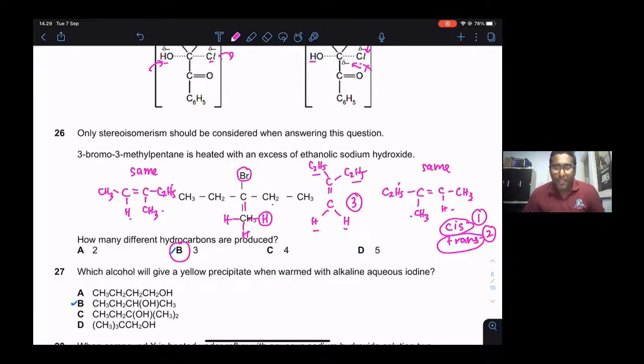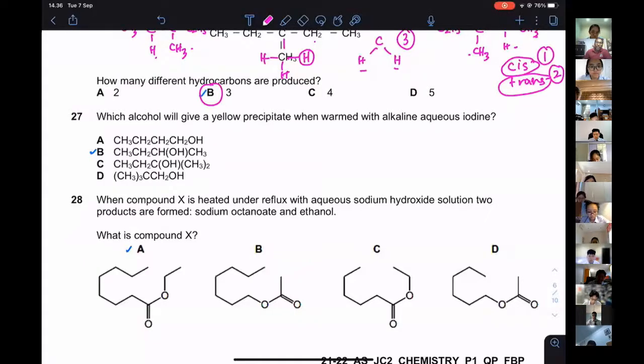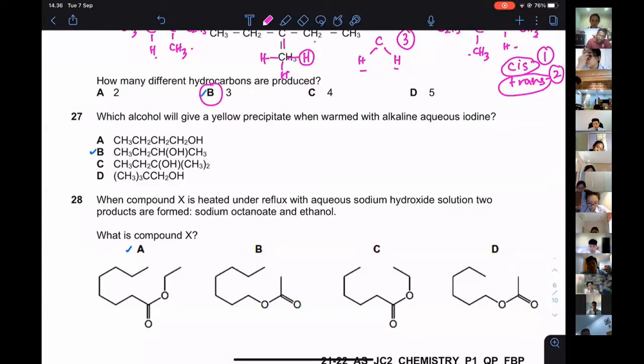For question number 27, they are asking which alcohol will give a yellow precipitate when warmed with alkaline aqueous iodine. This is your triiodomethane reaction. For the triiodomethane reaction, if you have an alcohol, it must have the OH group, the H, and CH3, and then it can be any R group.